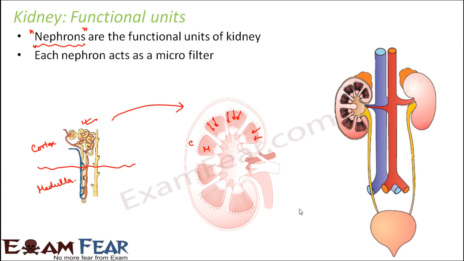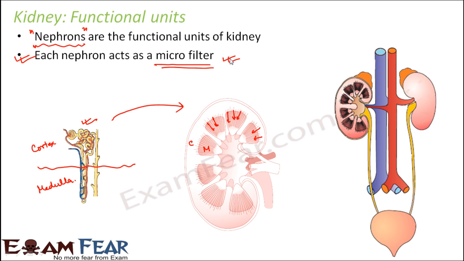So each nephron acts as a microfilter. Why microfilter? Because when we say that each nephron produces urine, what do we mean by urine production? Urine is nothing but a fluid which contains all the waste materials of the body. So that means these nephrons act as filters. That is a filter which can take out only the waste materials from the blood, because in the body, where are the waste materials or the useful substances?